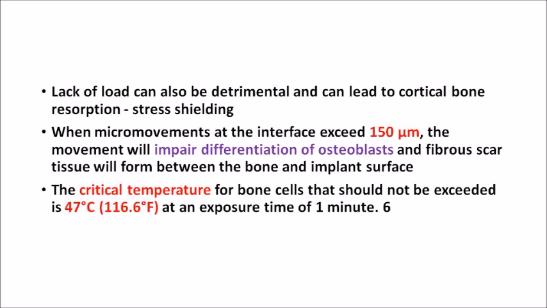Similarly, critical temperature. When you are drilling an implant into the bone, you have to have copious irrigation. If you are not irrigating, it increases the temperature of the site. For an exposure time of 1 minute, the maximum temperature that the bone can take is 47 degrees Celsius. Above this temperature, the alkaline phosphatase of the bone will denature, and this is going to fail the implant.